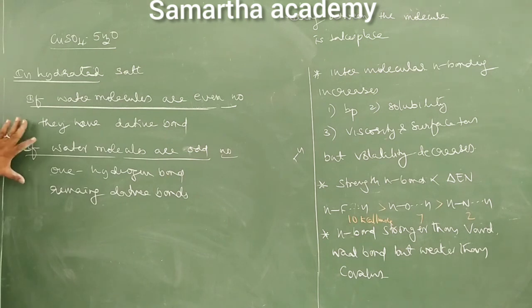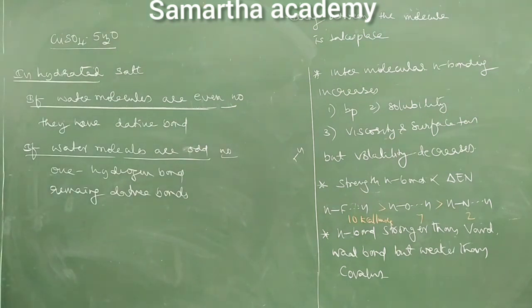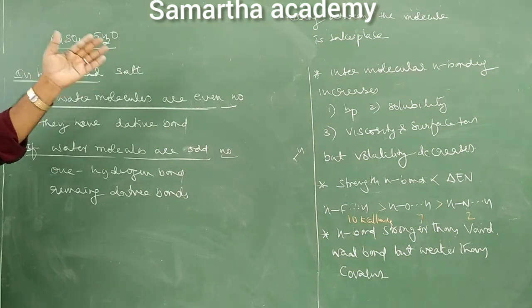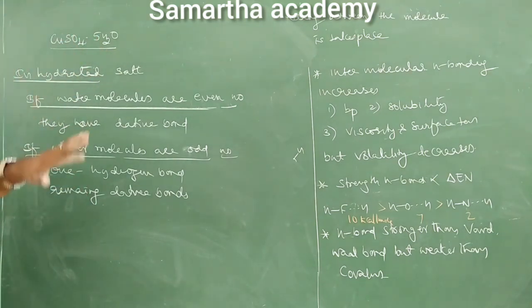See, in hydrated salt, how to identify hydrogen bond? In hydrated salt, it means salt containing water, we can identify the hydrogen bonds. How? If water molecules are even, like 2, 4, 6, 8, 10, there is no hydrogen bond.